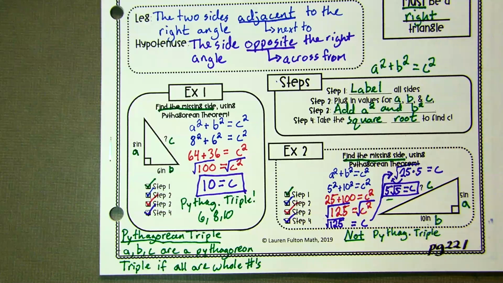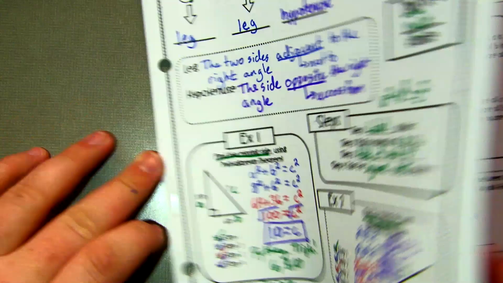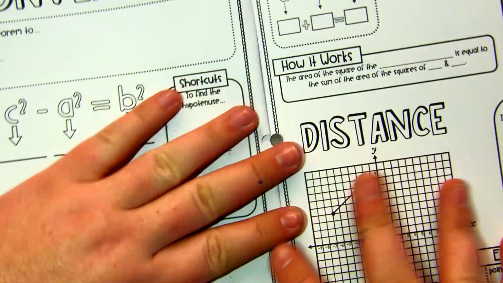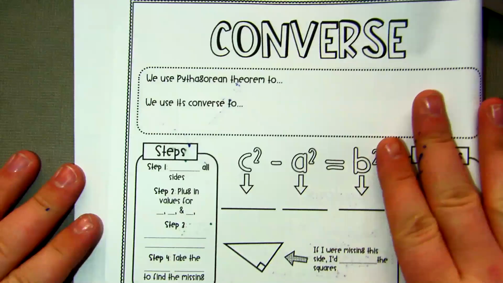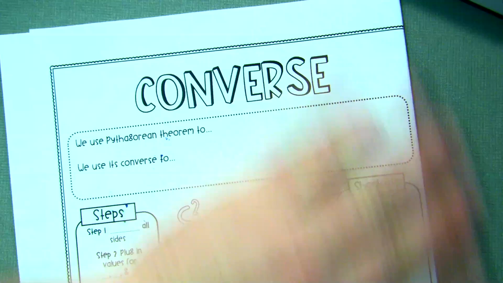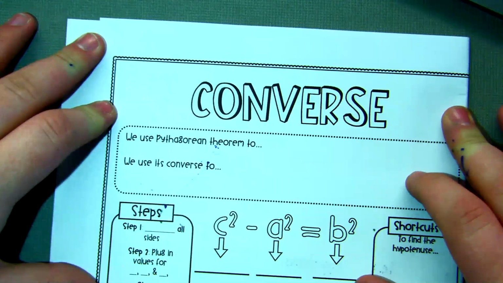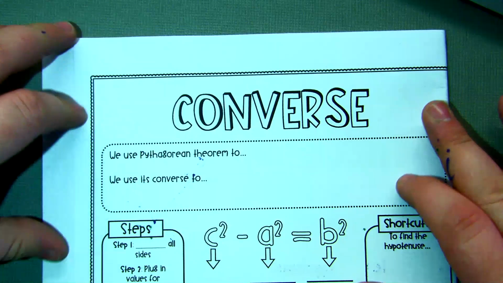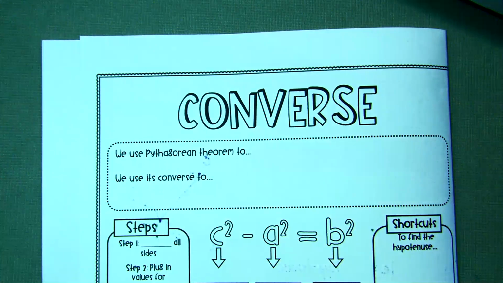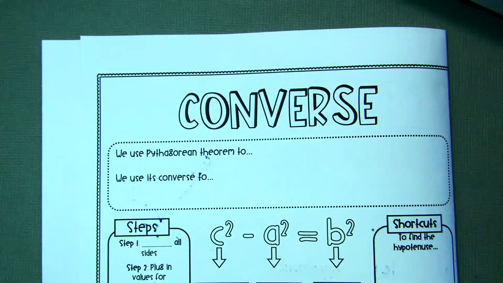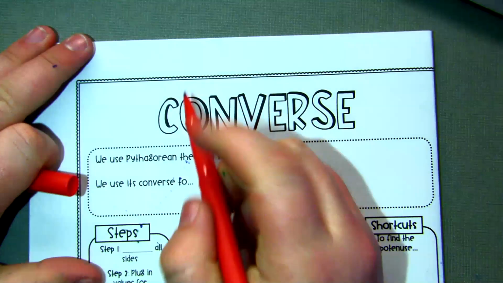Perfect. All right. So if I can have you all turn to your Doodle Notes page. Our next section is going to be on page 222. Going to look something like this. At the top of this page, we've got the word converse in big old letters there.